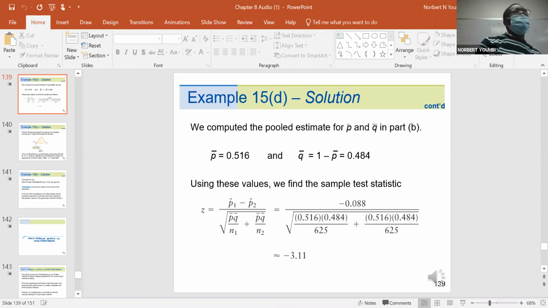Anybody has a test value? Anybody has trouble using the calculator? Z, 2 proportion Z test. Anybody has a scheme for the calculator? It might not be written there exactly as I am saying. So what do you see on your calculator?